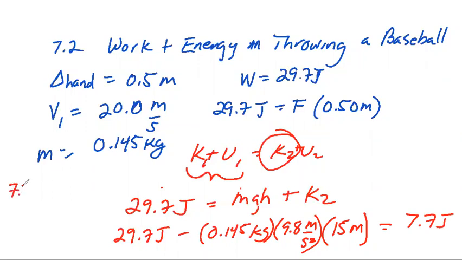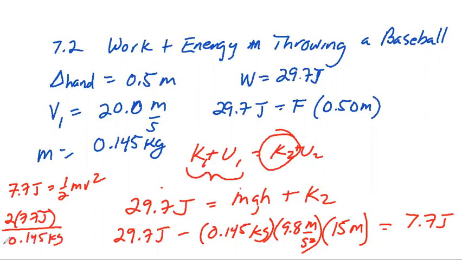So 7.7 joules equals 1/2 mv squared. So 2 times 7.7 joules divided by m, which is 0.145 kg, under the radical is going to give me v. So v is going to give me plus or minus 10 meters per second.